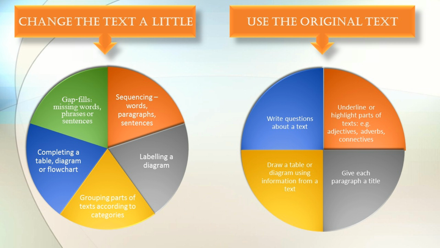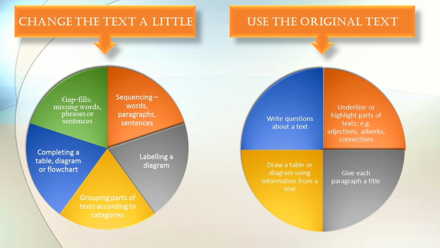DARTS can be used in one of two different ways. One, by changing the text you use in your lessons, be it science, English, geography, history, maths, or any other curriculum subject. And two, by using your actual original texts. The activities you can devise around texts so that students focus on more than just mere comprehension are gap fills with missing words, phrases or sentences, completing tables, diagrams or flowcharts, categorizing tasks, sequencing words, paragraphs or sentences, or labeling a diagram.